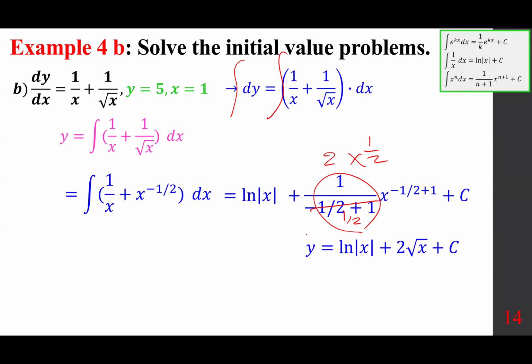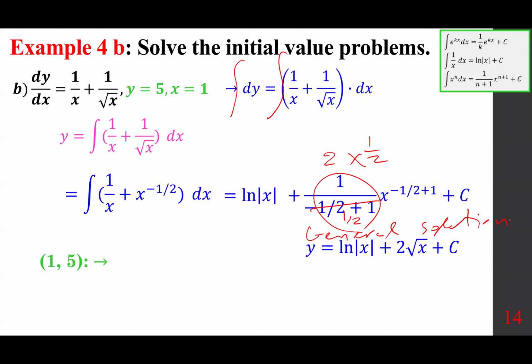So again, this is a general solution. And we would be done if it wasn't an initial value problem, meaning if we didn't have the pair. What pair? 1 comma 5. Therefore, we are going to plug in and figure it out. Let's plug in.